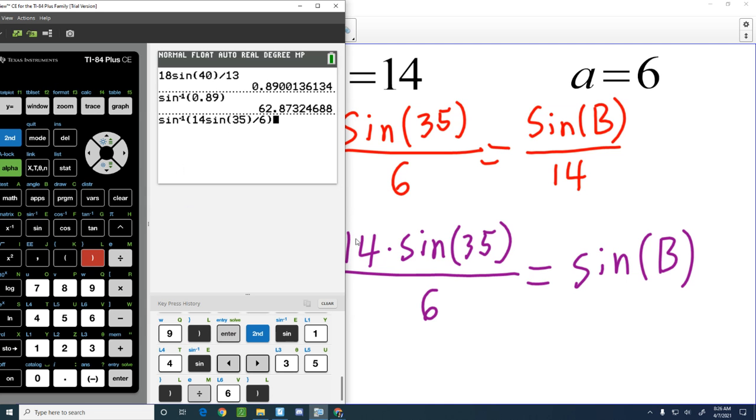So this is just that fraction right here. Then I need to take the sine inverse of it to get the B all by itself. So I took the sine inverse of it.